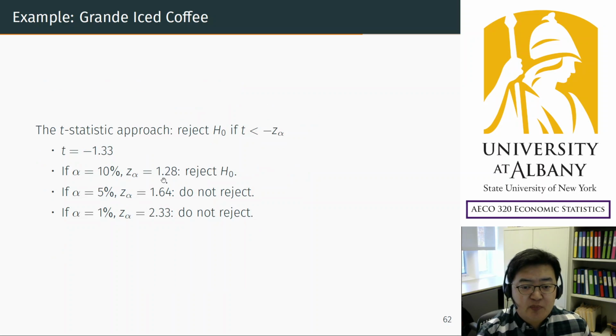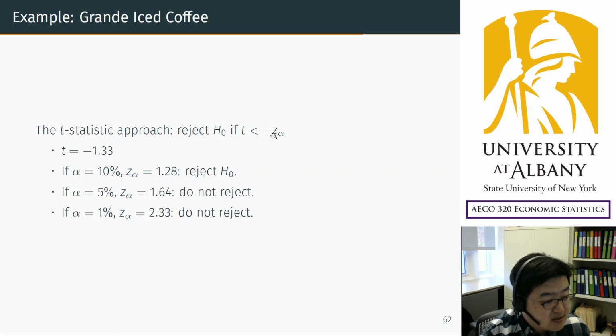So the top 10% value is 1.28. So that means at the 10% significance level, minus 1.28 will be the threshold. Because we are doing the lower tail, you have to put a minus sign in front of it. And you reject if the t-stat is smaller than minus 1 point something, like this number. So minus 1.33 is beyond minus 1.28, so you reject.